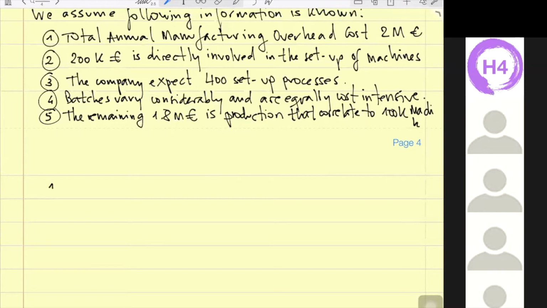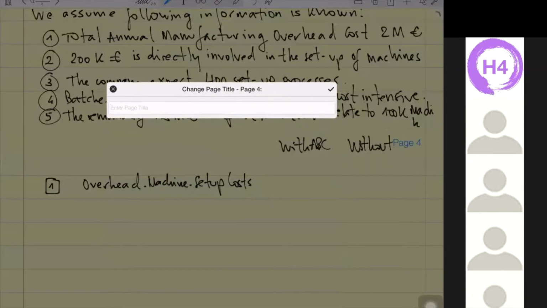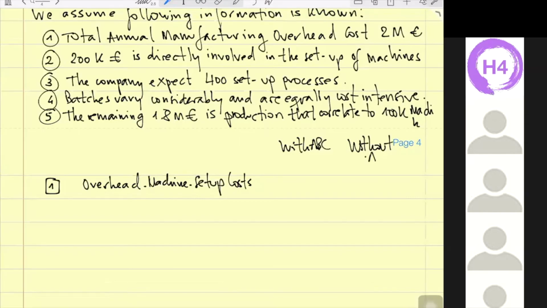So one, machine setup overhead costs with ABC and without ABC.